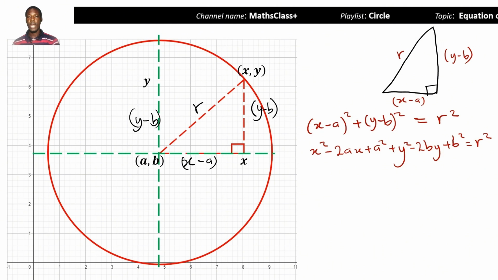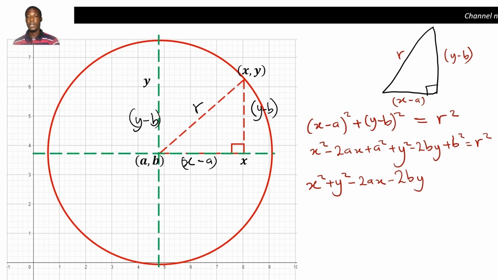So we will have it as x squared plus y squared minus 2ax minus 2by plus a squared plus b squared is equal to r squared.